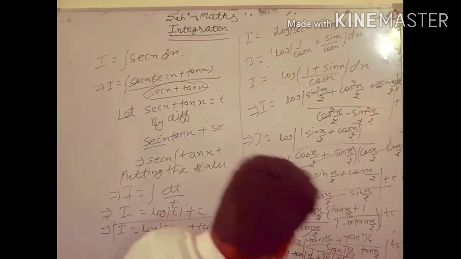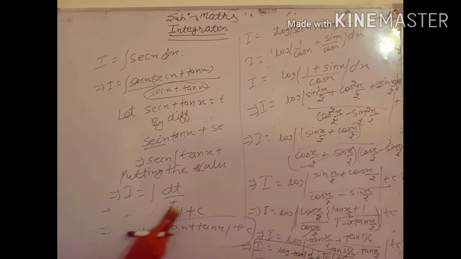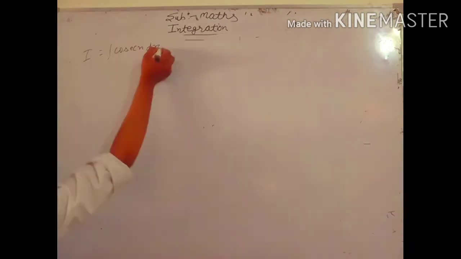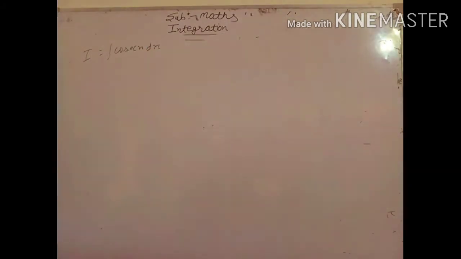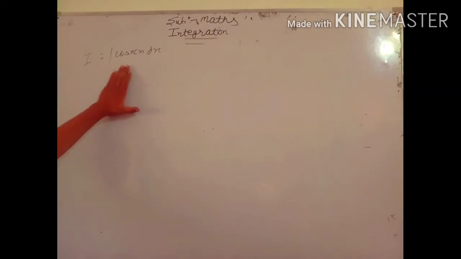This is the integration of sec x. Now we are going to take out the integration of cosec x. The integration of cosec x is done by the same process as sec x.